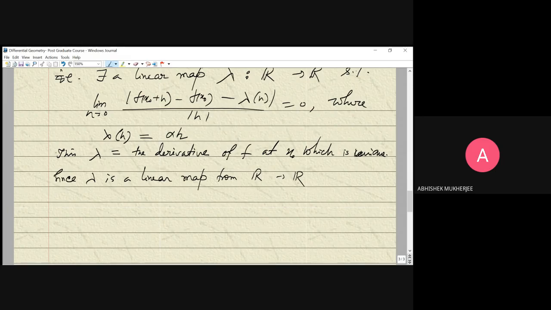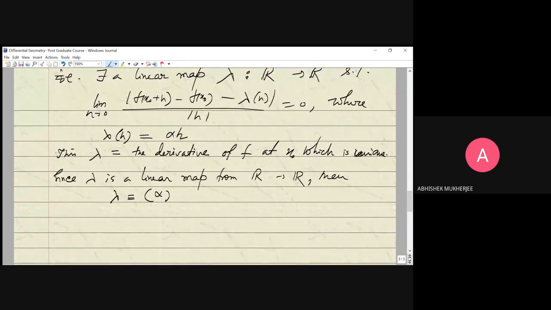A matrix of order 1-1, right? So that means the lambda is actually this alpha, right? Okay, fine.